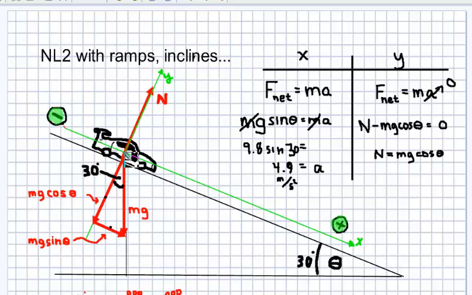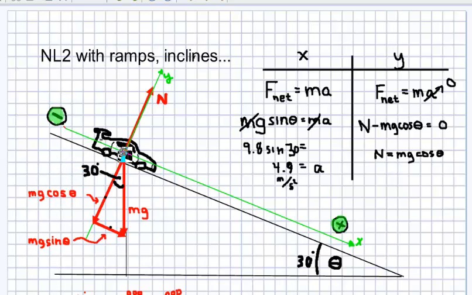It will be necessary to break up the gravity force into two components. This one will always be mg cos, and this one will always be mg sine. And then this force will be involved in the acceleration.